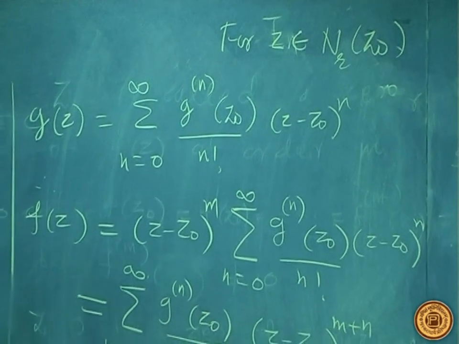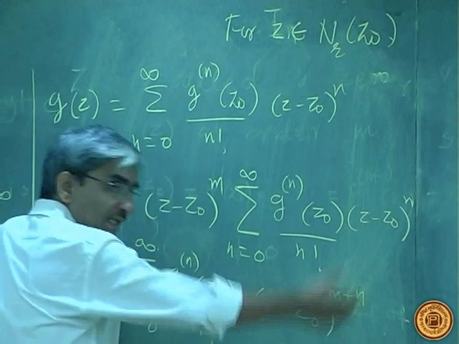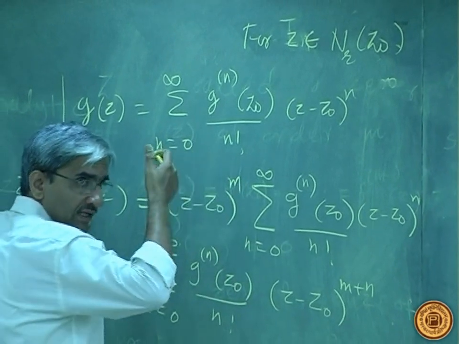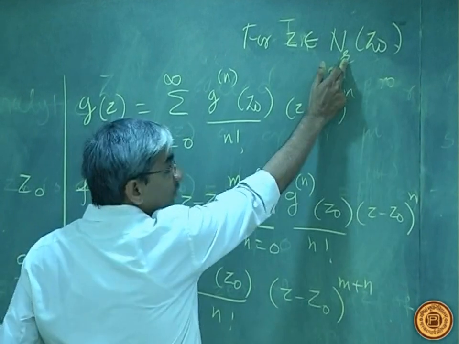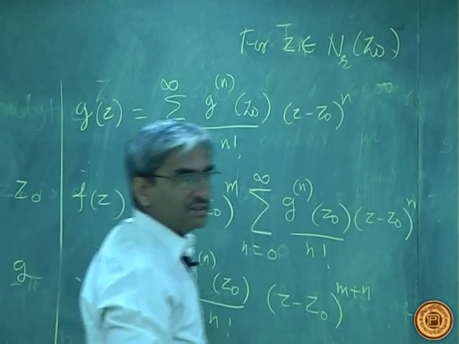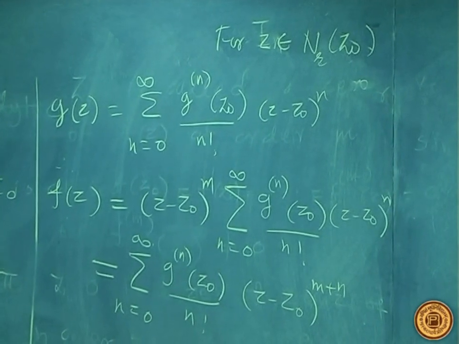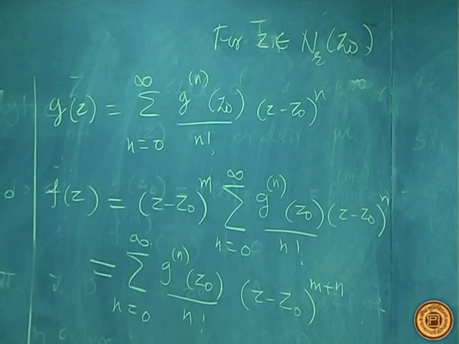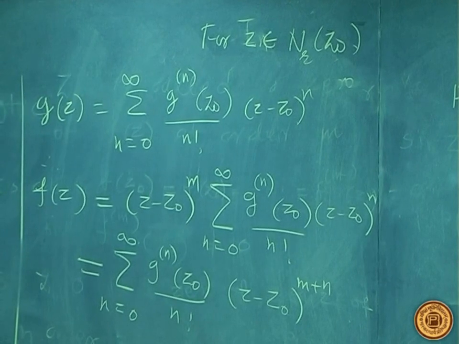But then you see that F(z) has a power series expansion, that is, it has a representation in powers of Z minus Z naught in some neighborhood of Z naught. But that means F is analytic, because we have seen that if a function has a series expansion in powers of Z minus Z naught, then F is analytic at Z naught.